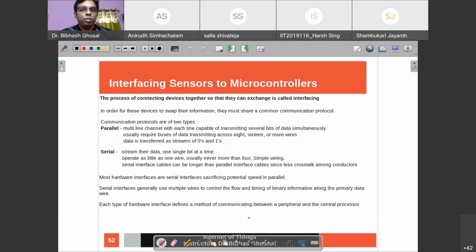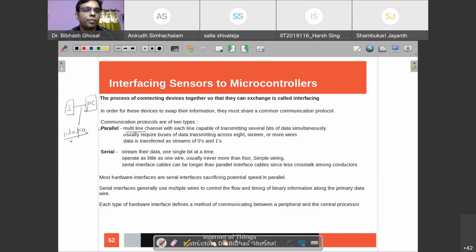Now, we understood the microcontrollers, we understood sensors. Now it's time to connect the two. The sensor will deliver the data to the microcontroller. For that, you need to have an interface, so the interface is very, very important. Primarily, there are two kinds of interfaces used. One is called the parallel type, which is multi-line, many lines.